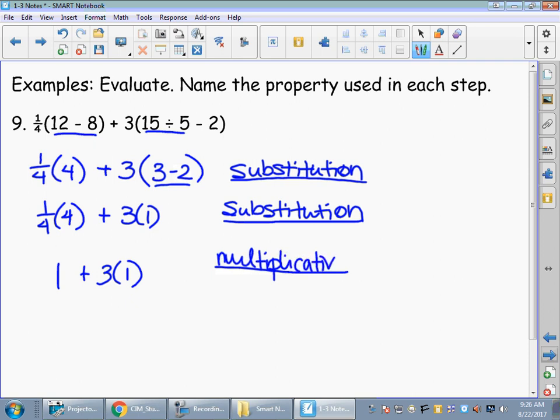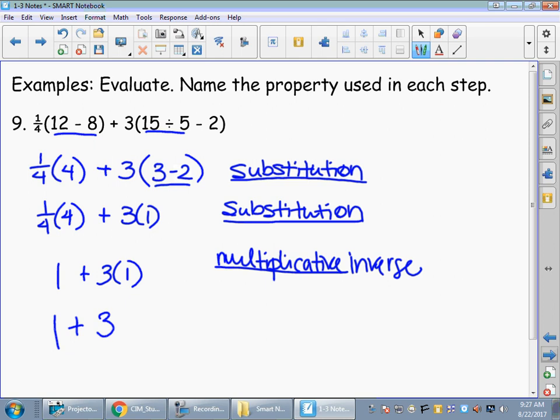inverse. And I'm going to give you abbreviations for these in class. So the multiplicative inverse took me back to 1. It's multiplying, so I couldn't use additive there, and that's a clue too. And then 3 times 1 is 3. Again, you could use substitution in all of these, so you always want to look for something better than substitution.